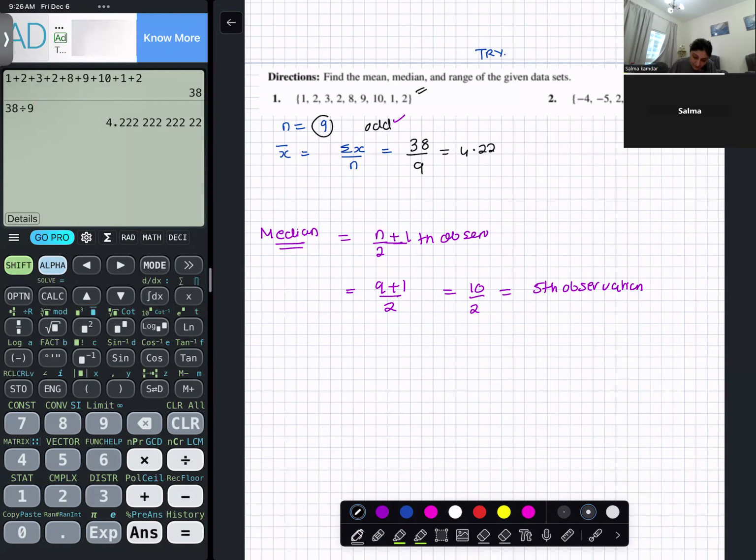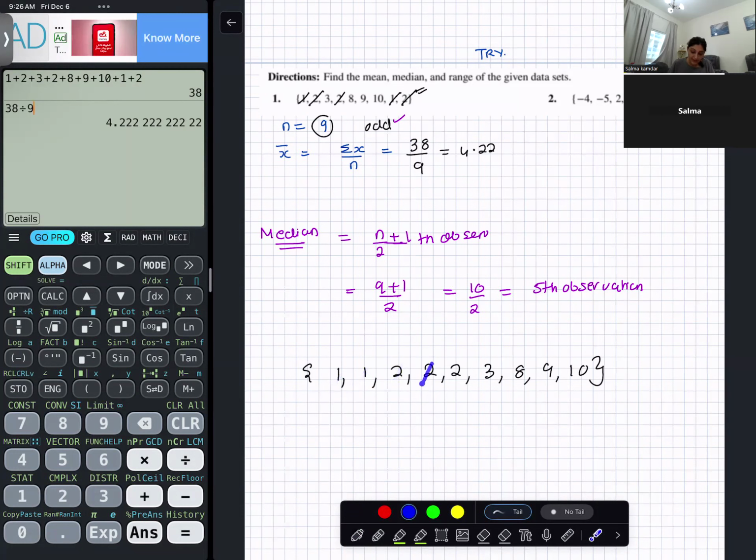So I would arrange it in the proper order. This would become 1, 1, 2, 2 and 2. Then it would be 3, 8, 9 and 10. Now I'll take the fifth observation: 1, 2, 3, 4 and 5. The fifth observation is 2, so the median is 2.